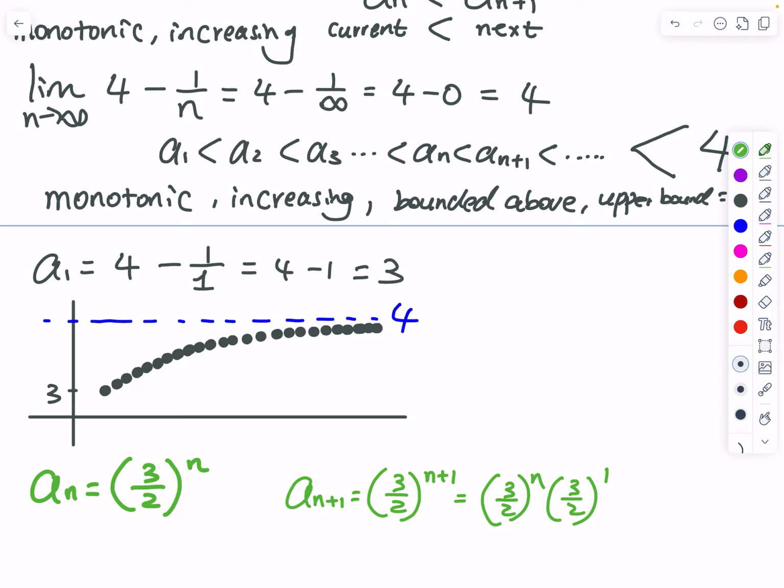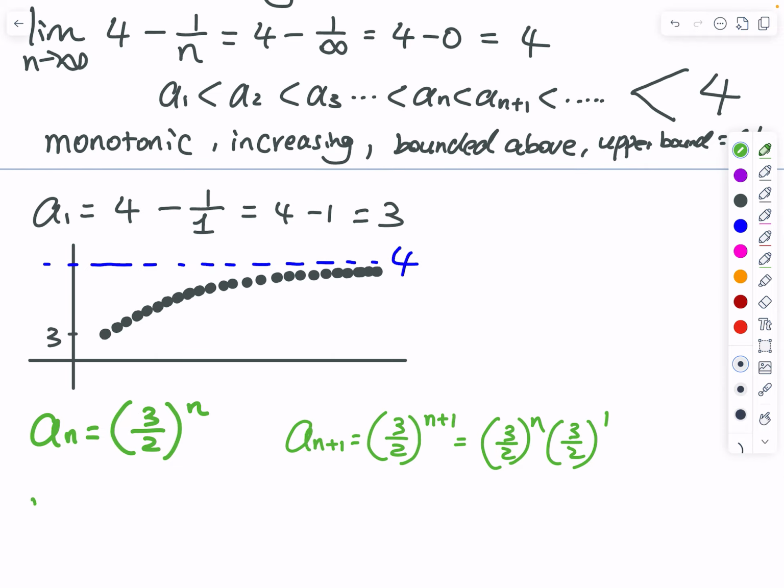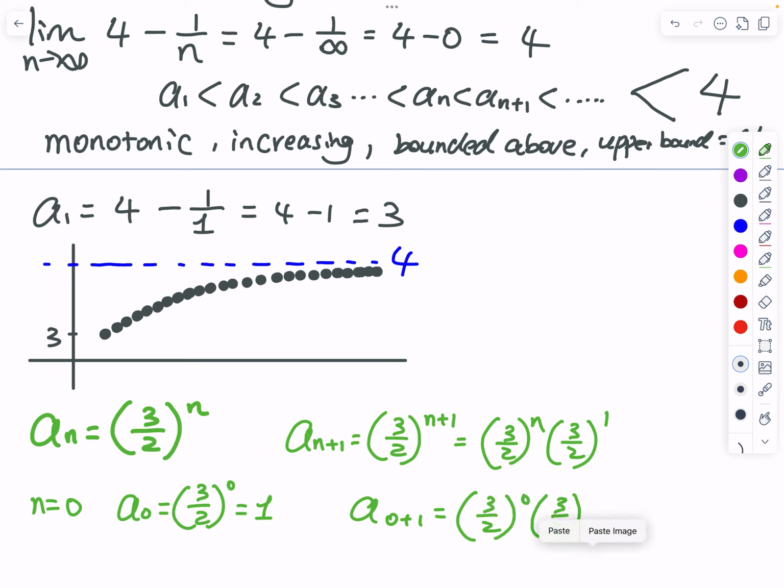All right. And then what is A0? When n is equal to 0, I have A0. That is 3 over 2 to the 0 power, which is 1. And then A0 plus 1, which is A1, is 3 over 2 to the 0 times 3 over 2 to the first, which is equal to 3 over 2.